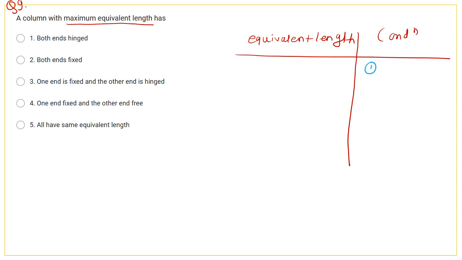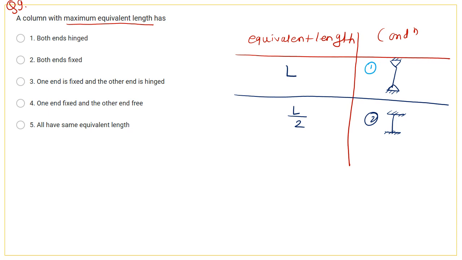First condition is when both the ends are hinged, then the equivalent length is L. Second, if both the ends are fixed, then the equivalent length is L by 2.